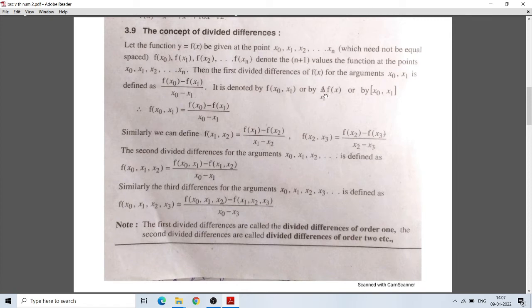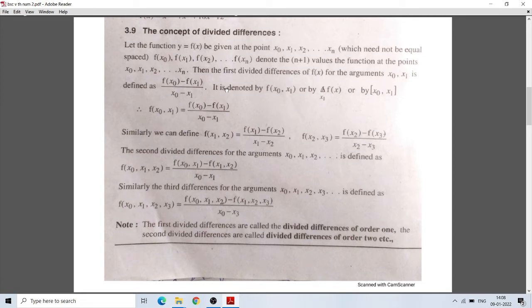Actually we know the forward difference, that is delta; we cut it in between, that is divided differences. Therefore f of x0 x1 is equal to f of x0 minus f of x1 by x0 minus x1.